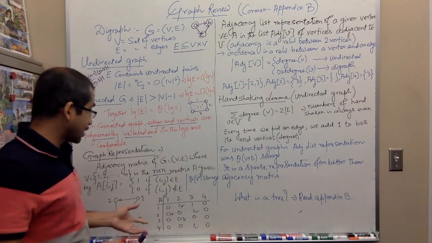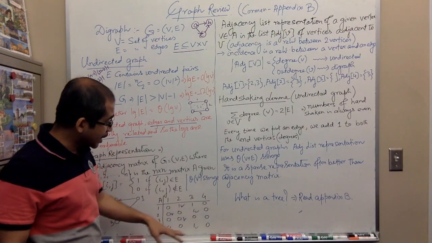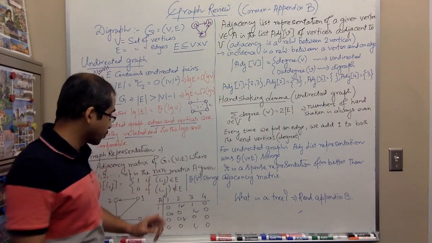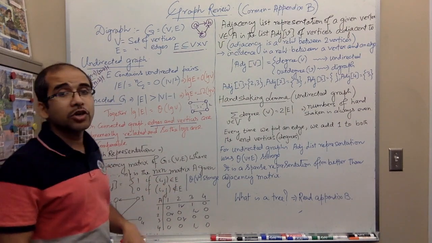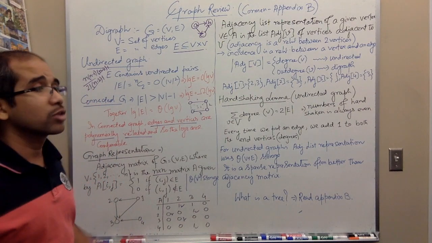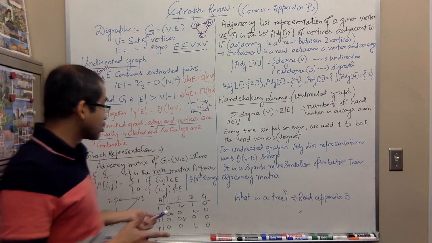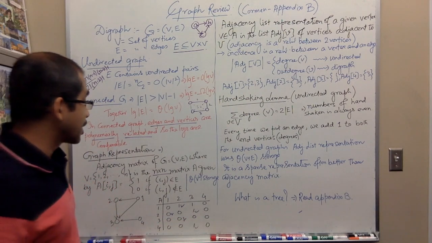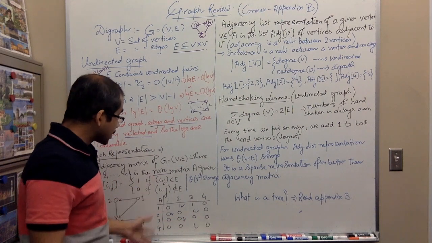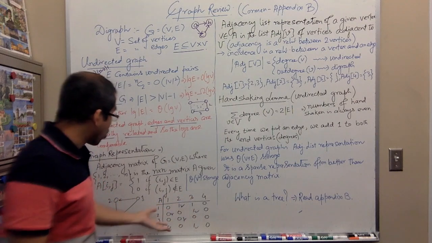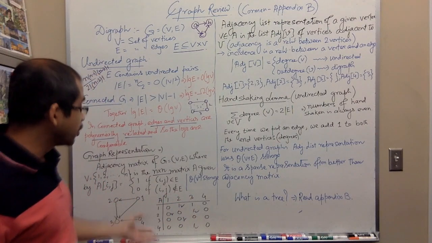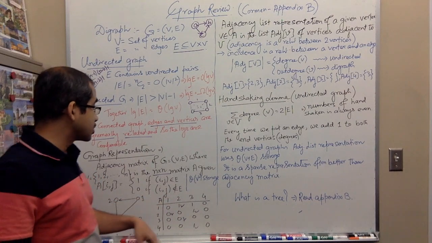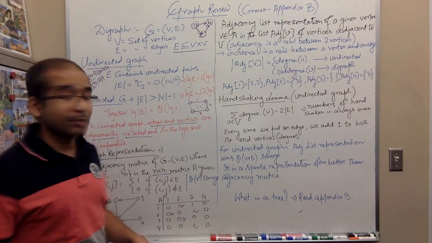Otherwise, this is taking theta V square storage, because this side is V, this side is also V. Now, we do not really talk about storage when talking about algorithms nowadays, because storage is so cheap now. It doesn't really affect the performance in that way. But V square storage for a graph where only a few positions will be used and the rest will be 0, it's really a waste of space.